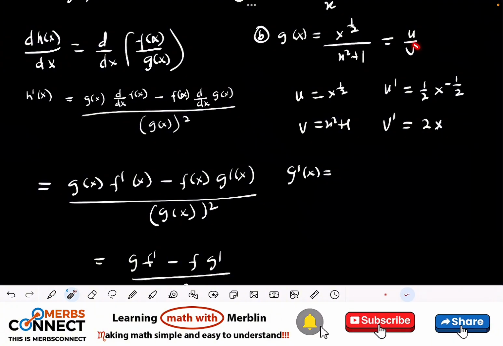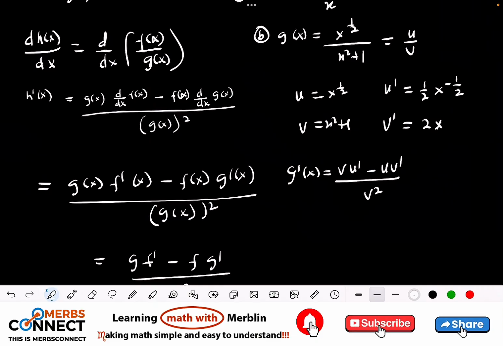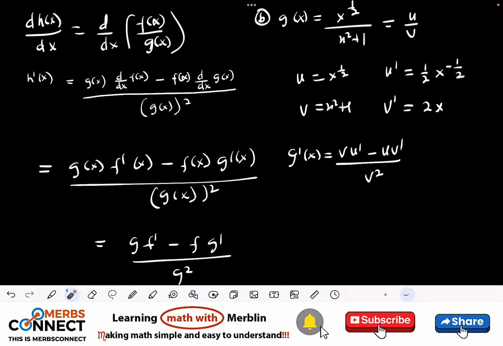the quotient rule says that maintain the denominator. So I maintain the denominator. I differentiate the numerator, so v times u prime, minus, now I maintain the numerator, differentiate the denominator, divided by denominator squared. So when I do that, now all the information is available.